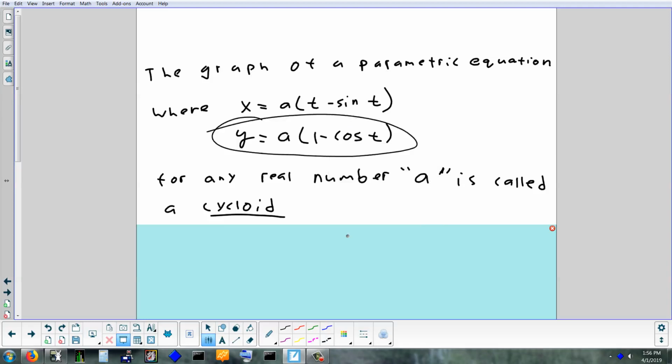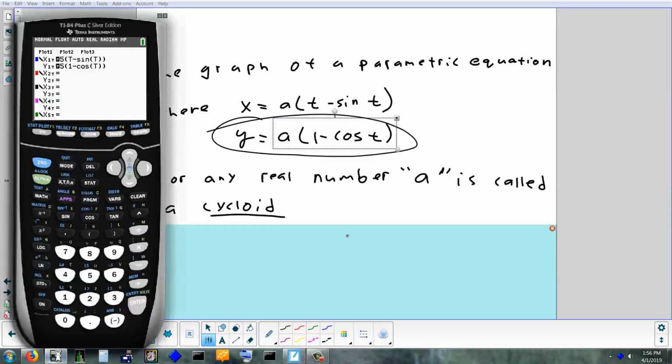This could come out to a 2 in the parentheses. Smallest number you could have, cosine could come out to a 1. 1 minus 1 is 0. So what's inside the parentheses is always between 0 and 2, and then it's multiplied by a. My a was 5. So for me, I only have to worry about 0 to 10 on the y-axis.